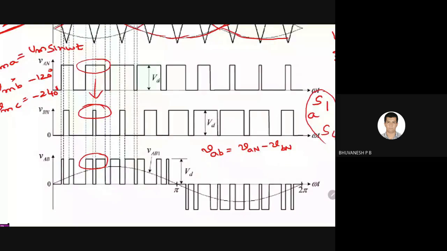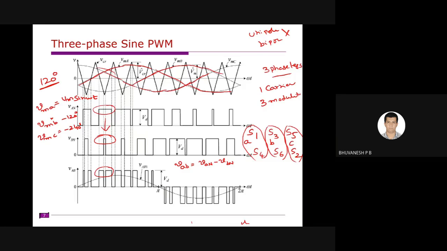This is similar to what we studied for unipolar. The difference of two pulses splits into two. So this is the VAB line voltage. Clear?